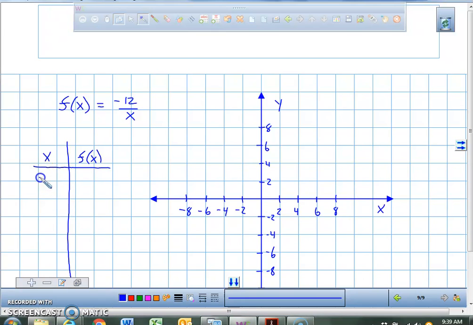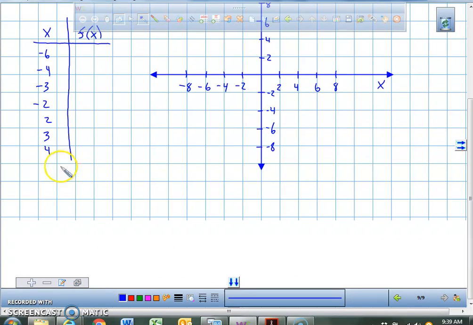So I'm going to make a little table over here with my x values. Something that you should recognize about my x values is I'm only using numbers that are factors of 12.